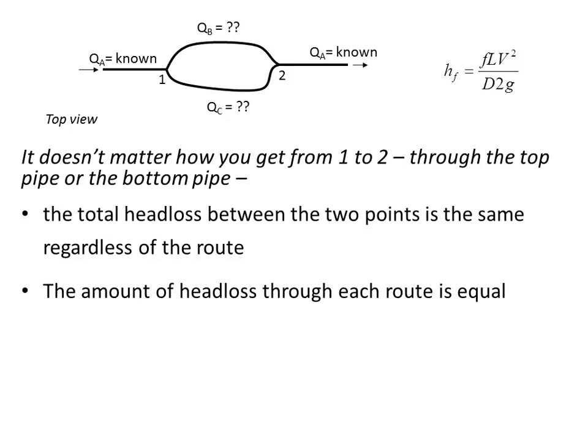If for a very brief moment the head loss wasn't equal through the top and the bottom pipe, then all of a sudden more water would go through the conduit that had less head loss until they were equal again. That imbalance can't exist for more than just a fraction of a second before more water would flow into the preferential channel and then they're equal again.